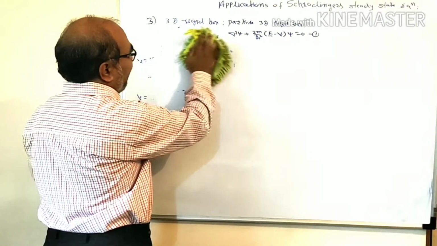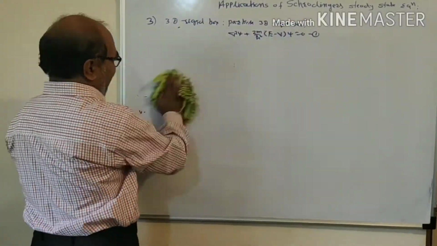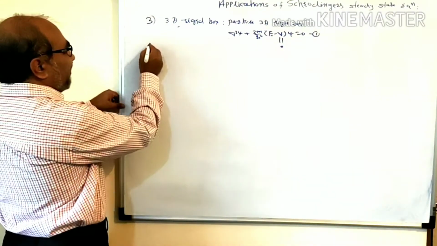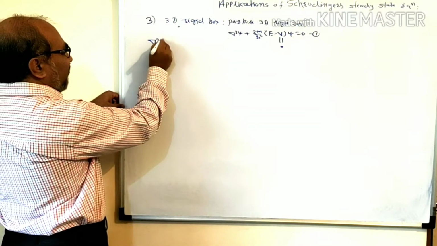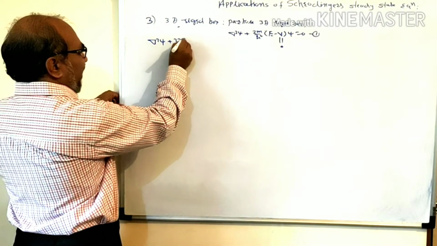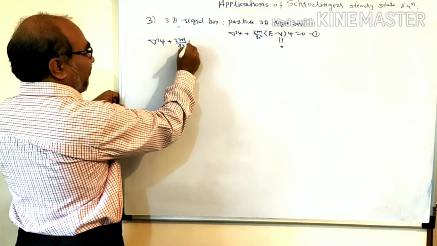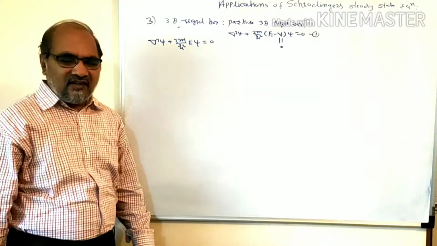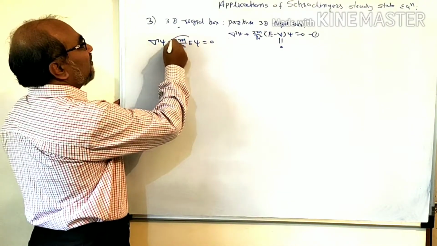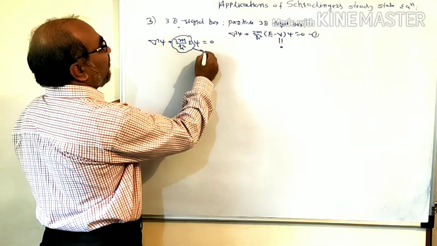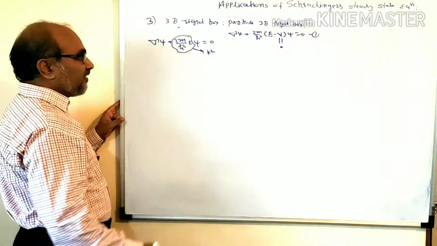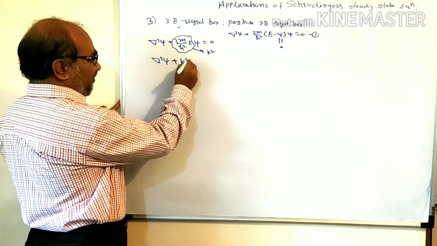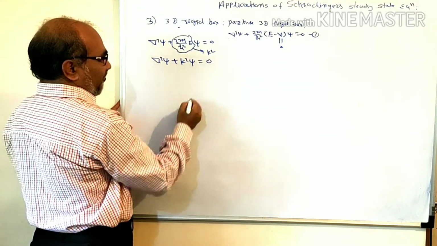First we solve this Schrodinger's equation for this three-dimensional box. Inside, V is equal to 0, and we write del square psi plus 2m by h bar square E psi is equal to 0. As usual, I put 2mE by h bar square equal to k square, and therefore del square psi plus k square psi is equal to 0.